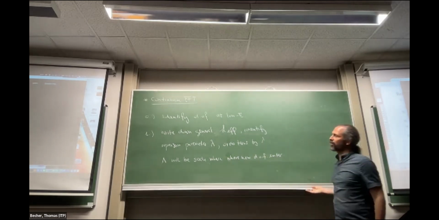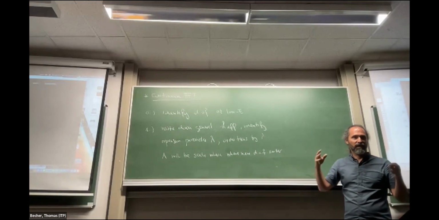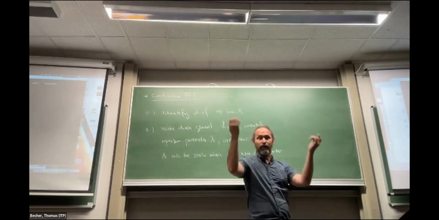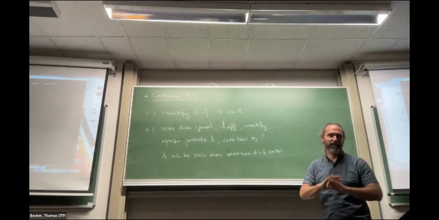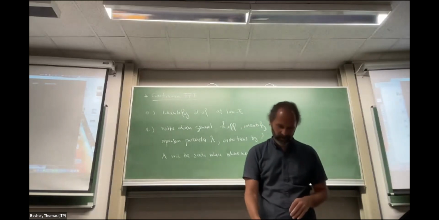In our effective field theory for QED, this lambda will be the electron mass, or maybe twice the electron mass. It will be at the energy where we start producing electron-positron pairs, and where we are no longer in photon land and have to change things.